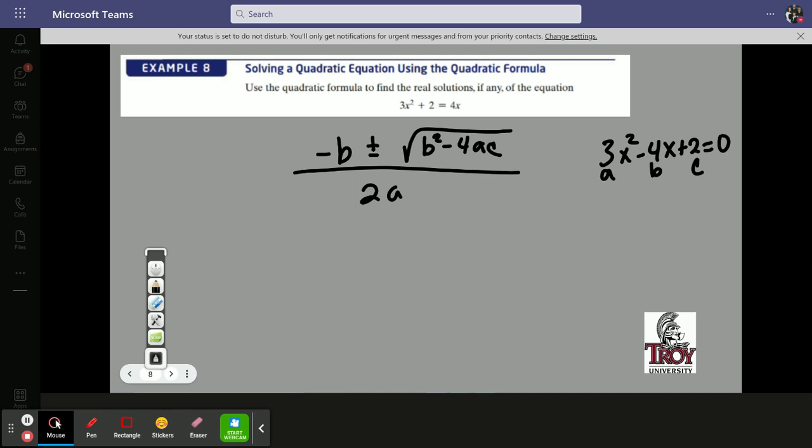So negative B gives me a negative 4 plus or minus negative 4 squared minus 4 times 2 over 2 times 3.